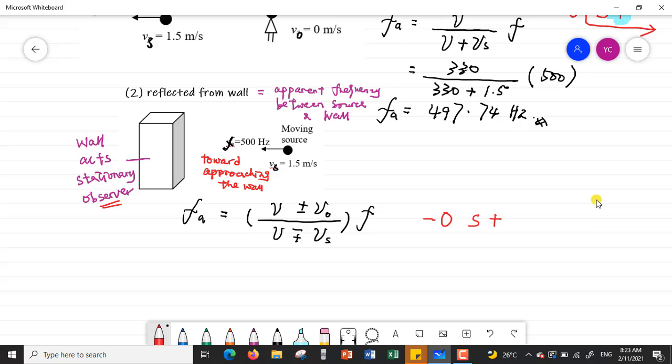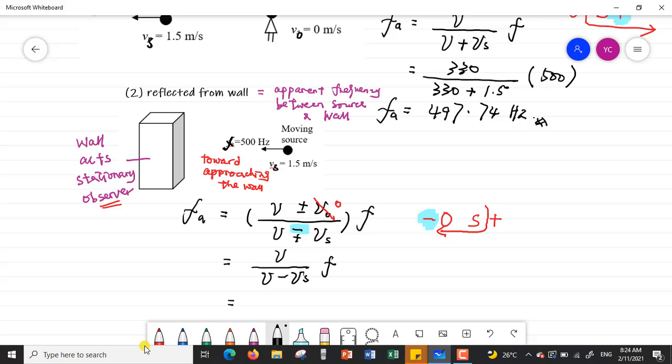So now our source is approaching, going towards the observer. So what sign do we find? Negative. So it means the sign of the velocity of the source is now negative. And then our wall is stationary. So the velocity of the observer is 0. So we can simplify our equation for Doppler effect to become V over V minus Vs multiplied by F.